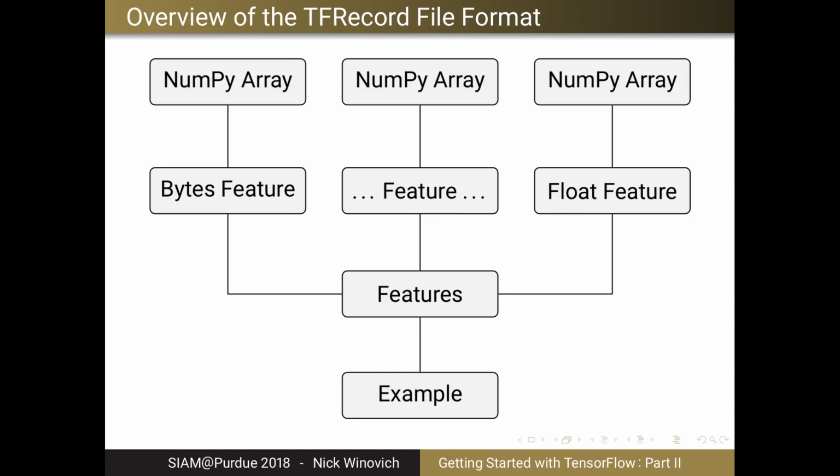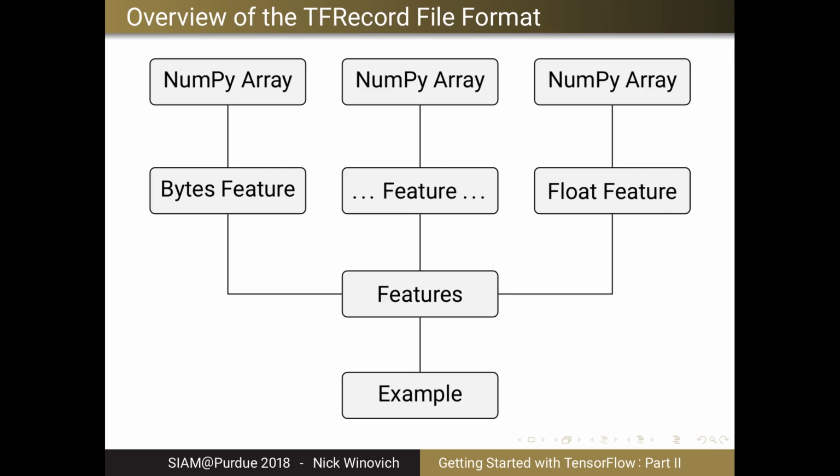What you typically have when you think of an example is a collection of arrays, maybe a string or maybe a label. But in some sense, it's an array or it's some data type in NumPy or just in Python in general. And what you want to do in order to create an example that will be usable in this TF record format is to first create a feature of a specified type.